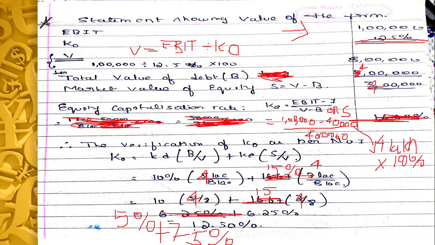According to the NOI approach, according to the net operating income approach, the value of the firm is rupees 8 lakh, and the equity capitalization rate stands at 15%.